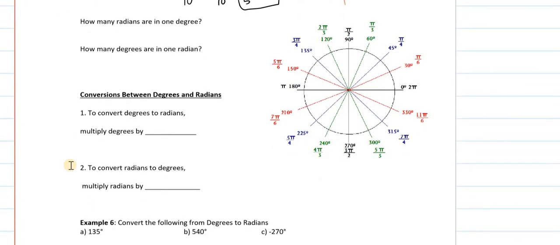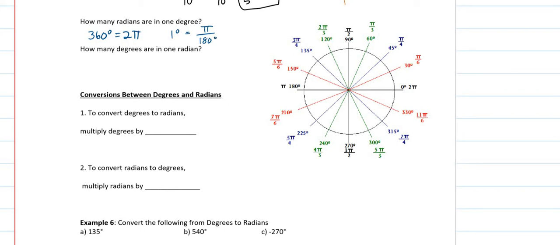So if you have a circle that contains 360 degrees, and that is equal to 2 pi radians, then we know that 1 degree is equal to pi over 180 radians.